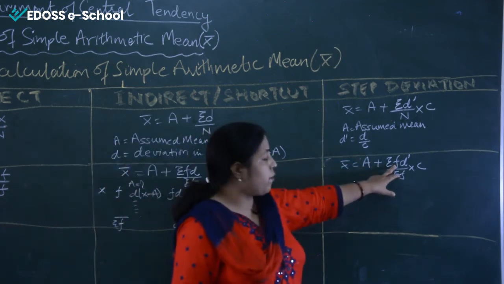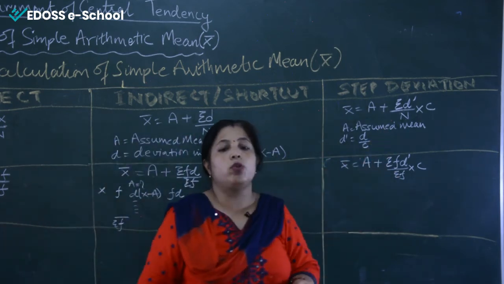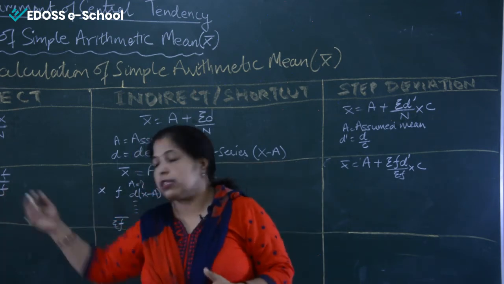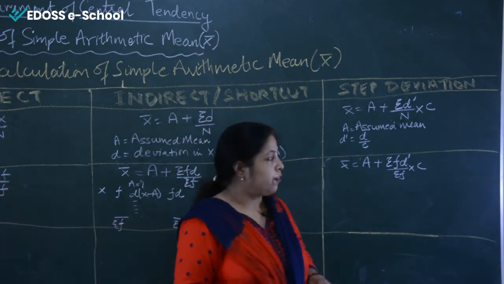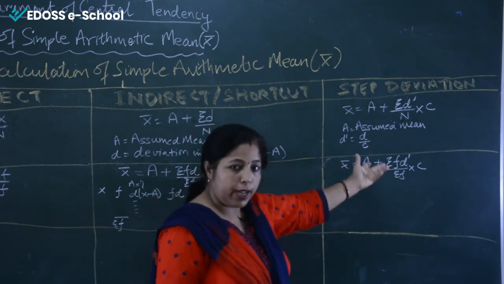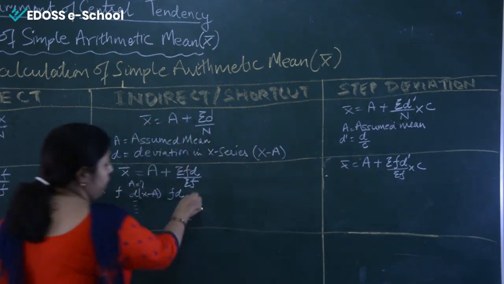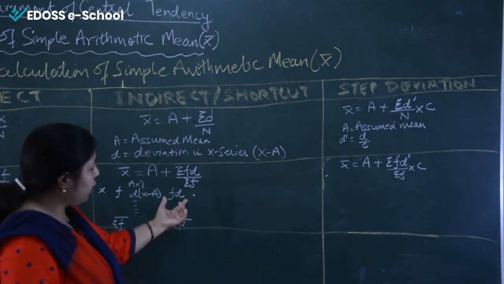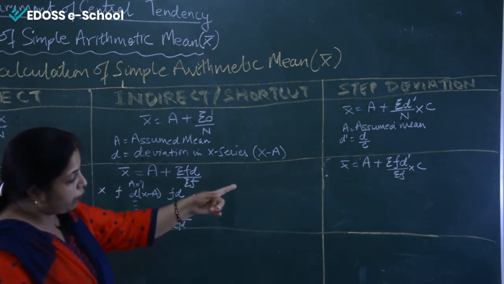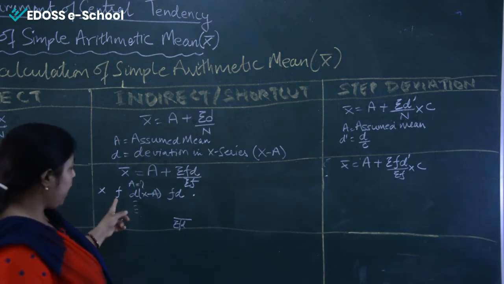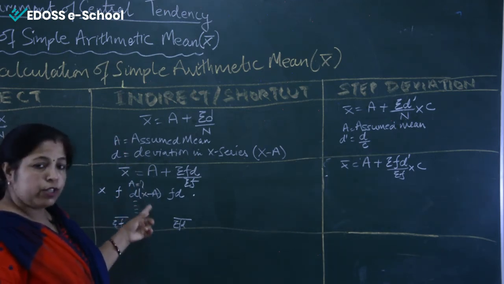We have added F here. And N is always equal to summation F. That is the concept which we have already studied in the previous chapter. So this is the formula again. Till here we have done it. Now I am explaining this part here. Pay attention. FD we have got, but we don't want FD. We want FD dash. So F we have, D we have. So first of all what will we do?